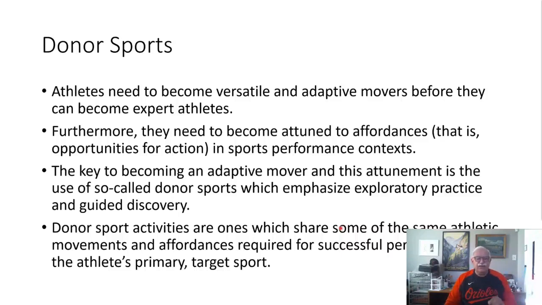So the key to becoming an adaptive mover and this attunement, tuning oneself, is the use of so-called donor sports, which emphasize exploratory practice and guided discovery. So donor sports are ones which share some of the same athletic movements and affordances required for successful performance in their primary target sport. So I have some examples on the side here.